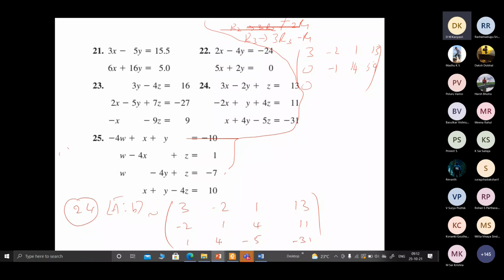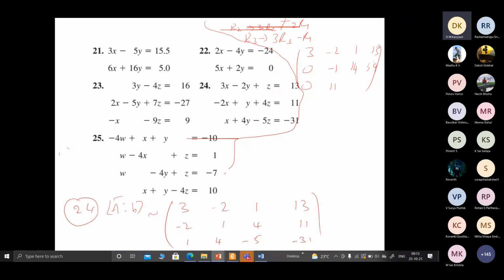Then 4 3s are 12 minus 1, 11. Correct? 12 plus 2, 14.